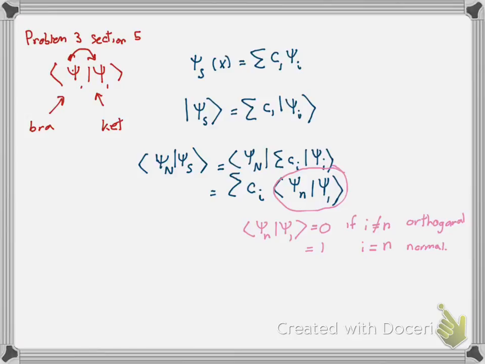So this is nice because now the only wave functions we have left are where both subscripts are n, and we can drop this sum on C sub I because the only subscript left is that n.